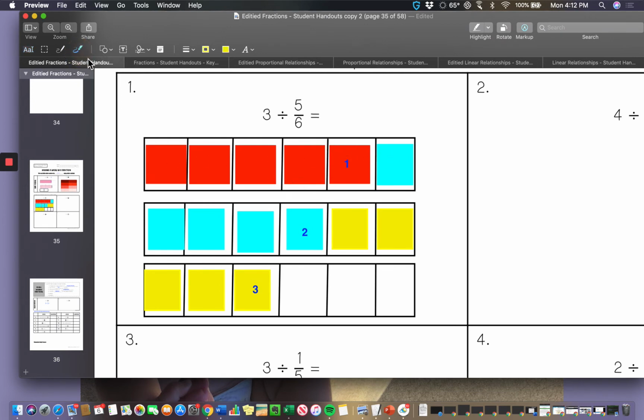So what I'm asking myself is, how much is this bar right here? So I have this whole bar. This whole thing represents 1. Now, how many pieces are in this 1? 1, 2, 3, 4, 5.